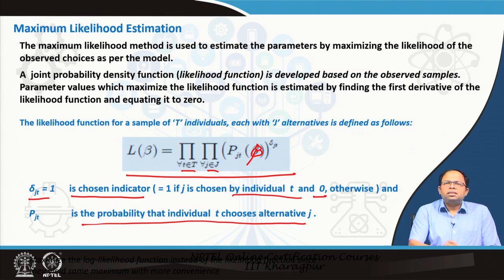We maximize these values, take a derivative of that, and equate it to 0 to find the values of those beta parameters. This would be explained in detail in later chapters, but to determine the beta parameters, we use software, and the software uses this maximum likelihood method to determine the coefficient values for each of those parameters that form the alternative characteristics for that particular alternative.